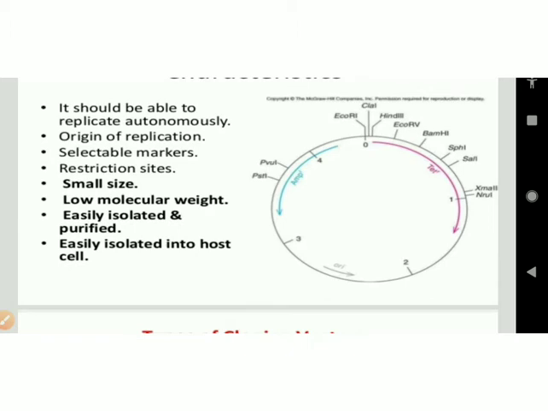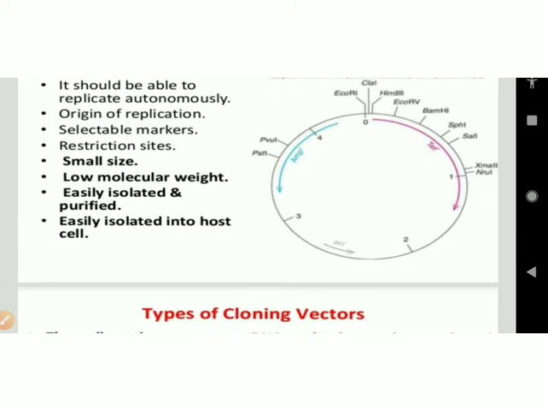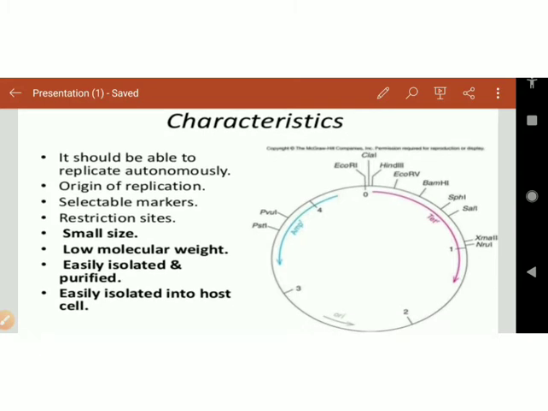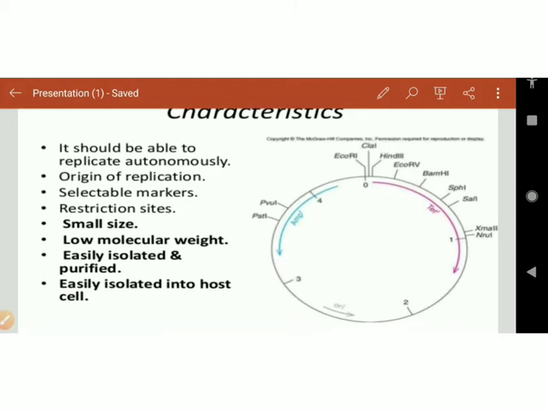Next is low molecular weight. A low molecular weight vector is also introduced easily into the host cell, prokaryotic or eukaryotic. Next is easy isolation and purification. A good vector can be easily isolated from the host cell and purified easily.